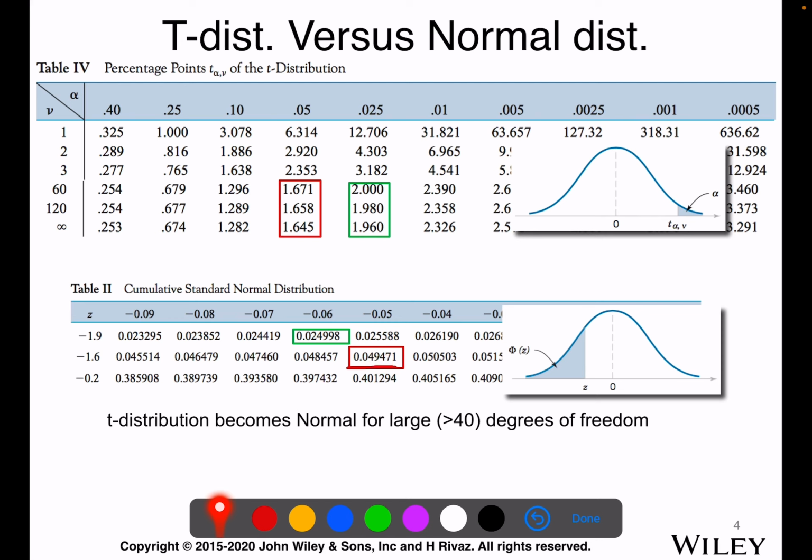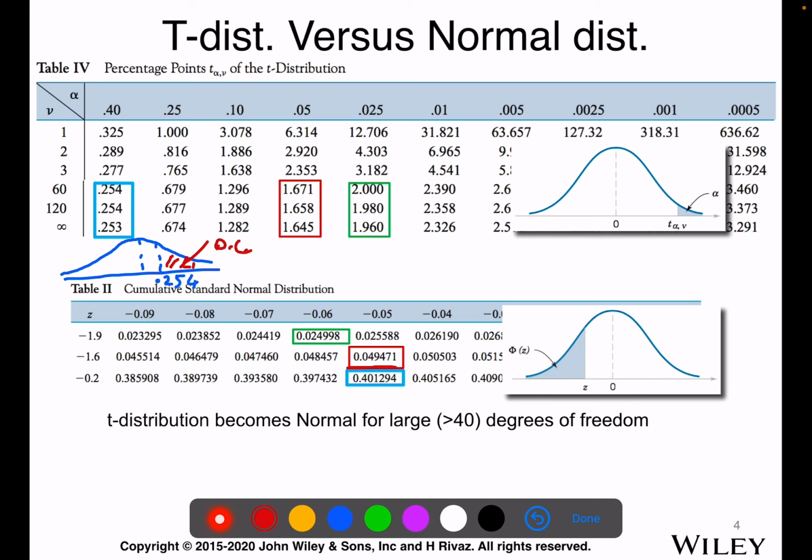We can also look at other numbers, for example, here. If I draw this one here, for the t distribution, this number is 0.254, and this area under the curve is 0.4.